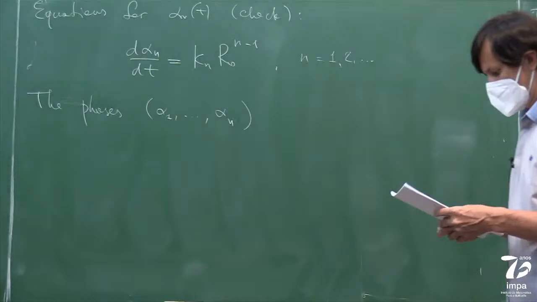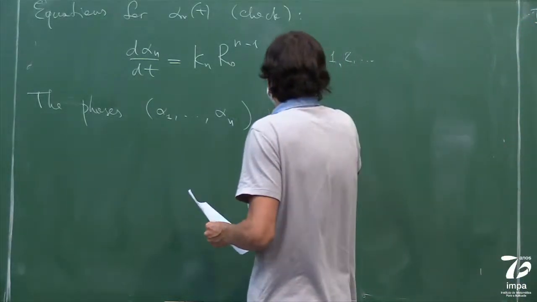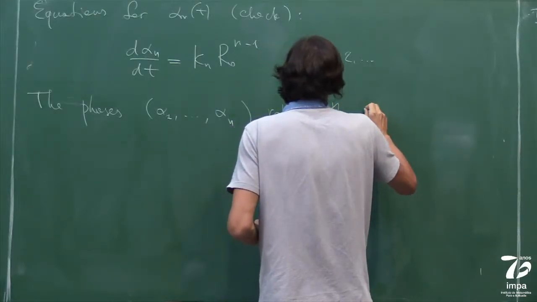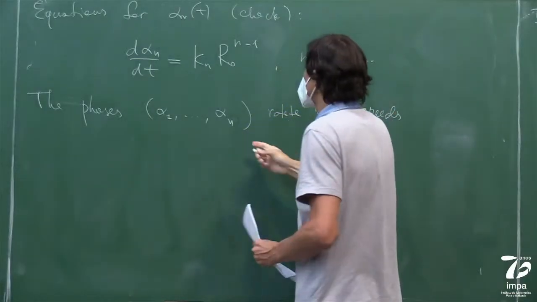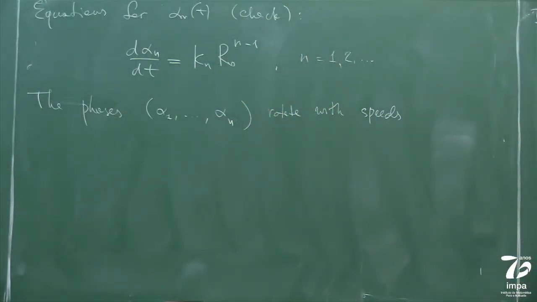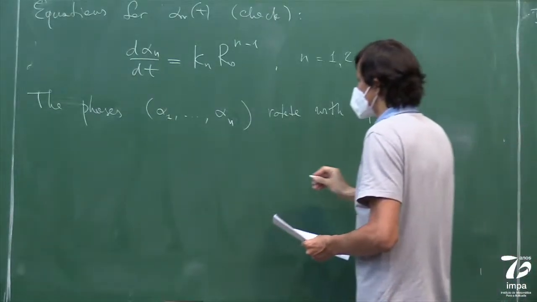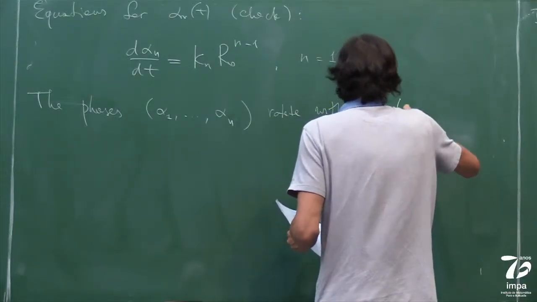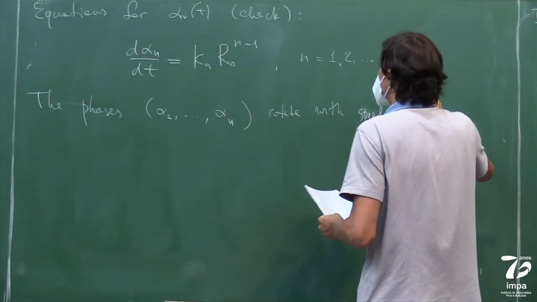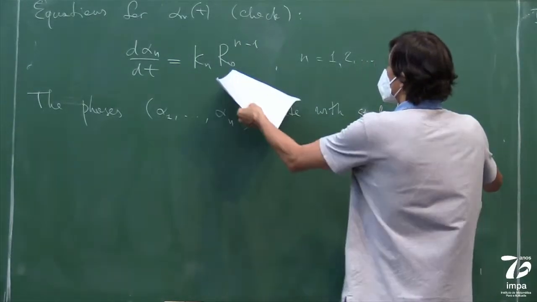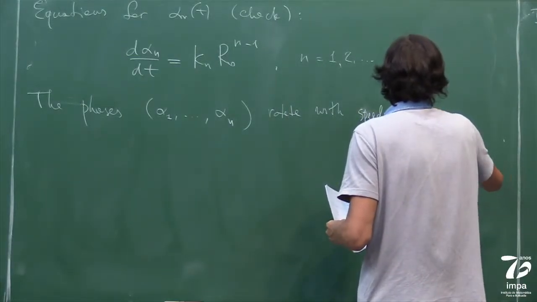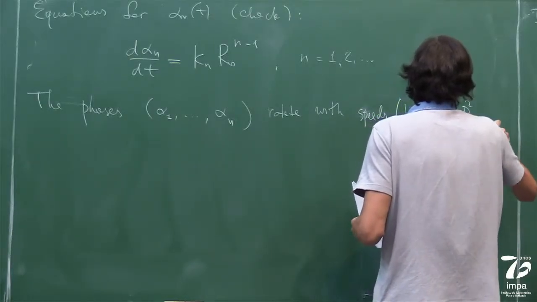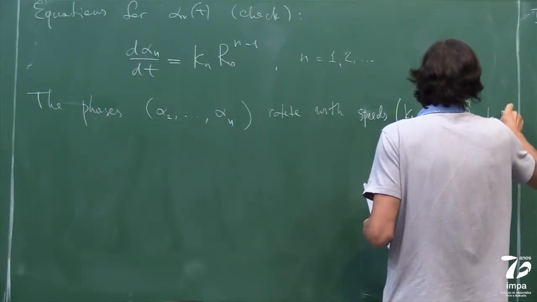They rotate, because it's along the circle, so every alpha n is on the circle, with the speeds which are: first rotates with k1, second k1 k2 r0, then next k3 r0 squared, until kn r0 n minus 1.